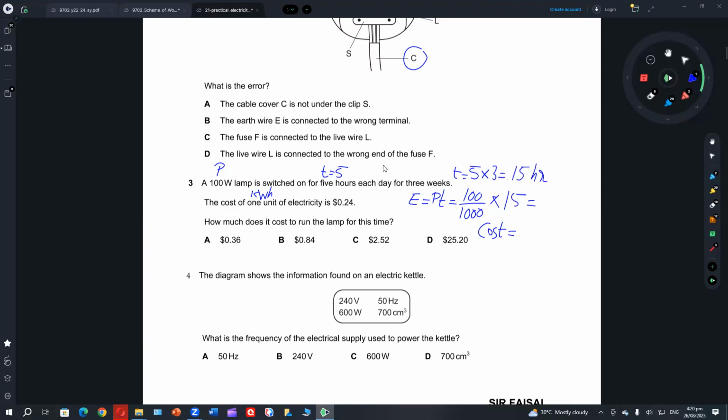One unit in physics, 1 unit means 1 kilowatt hour, and we want to make a bill of it. So when you calculate, energy is equal to power into time. I have divided 100 by 1000 so it can convert into kilowatt, and I'm multiplying it with 15. So can you please do this calculation for me?